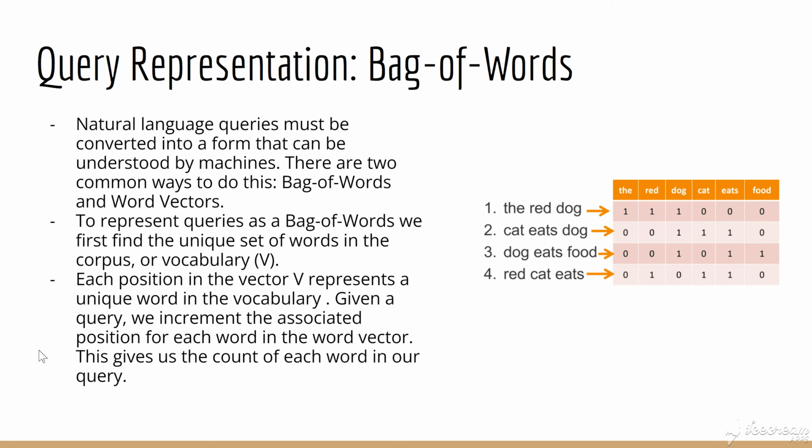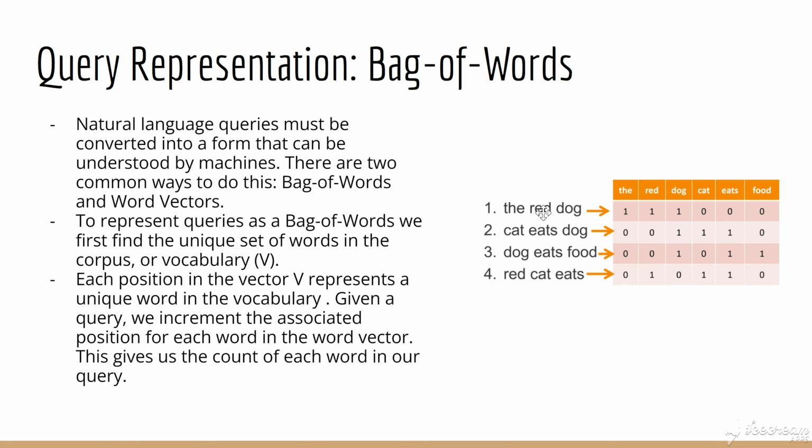You can take the set of all of the words that are listed in your text, and whatever the set is, we will call it your vocabulary set, or V. Right? So you can see here this top row would be V. Now each position in the vector V represents a unique word in the vocabulary.